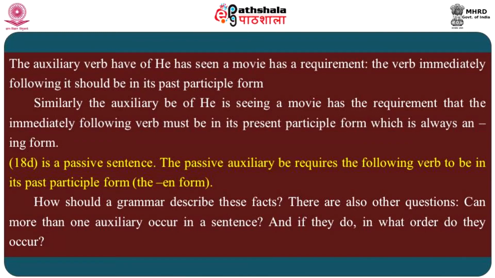And then we have the passive sentences. The passive auxiliary be requires the following verb to be in its past participle form. This was seen. How should a grammar describe these facts?